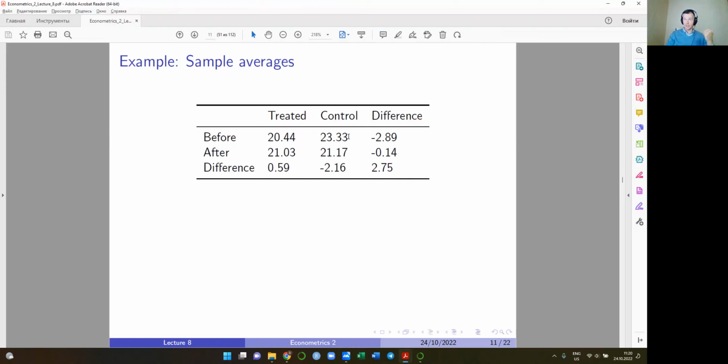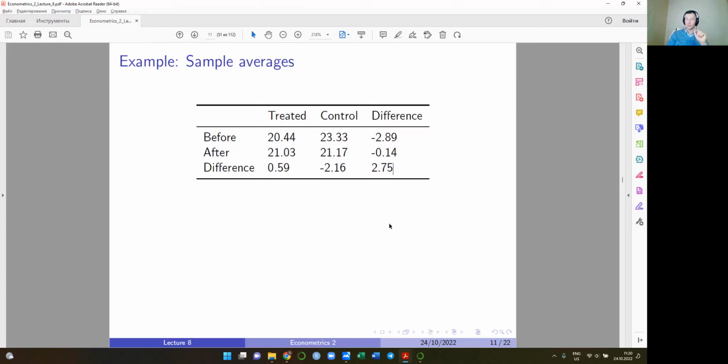After this change in the treatment group, the employment in the control group decreased to 21.17. So it is minus 2.16. We can take this difference as the difference that would occur without the treatment. And therefore, the difference in differences estimate is 2.75. This is our estimate of the causal effect of the increase in minimum wage.